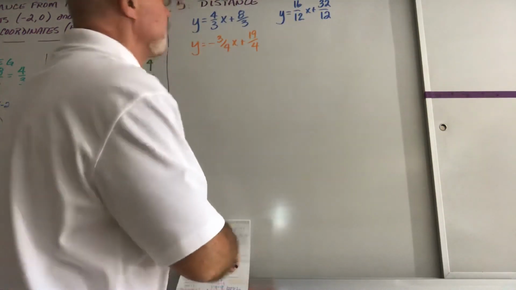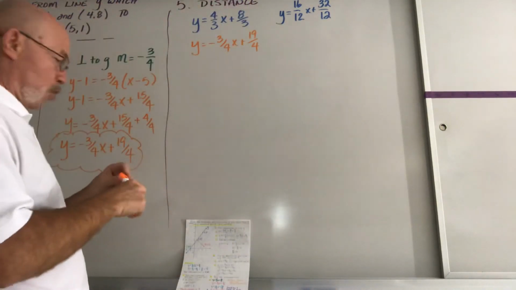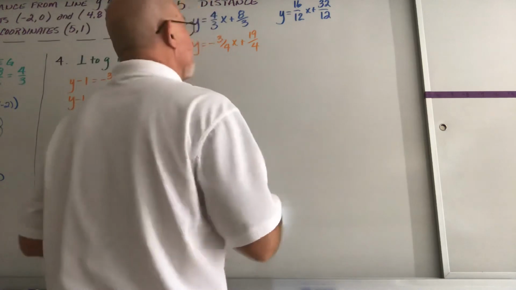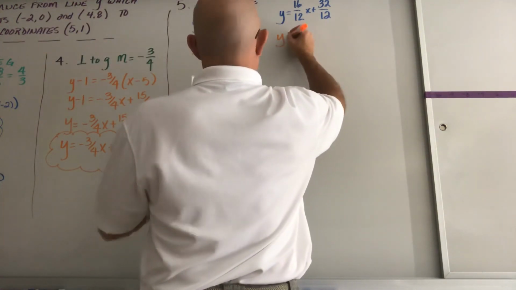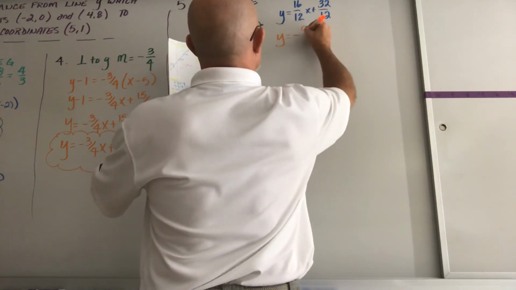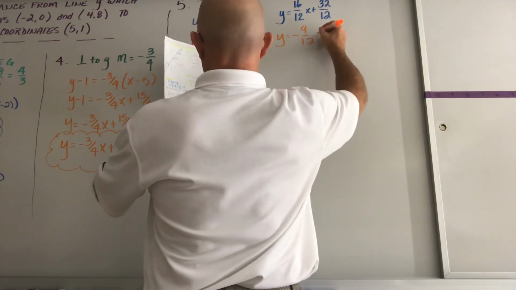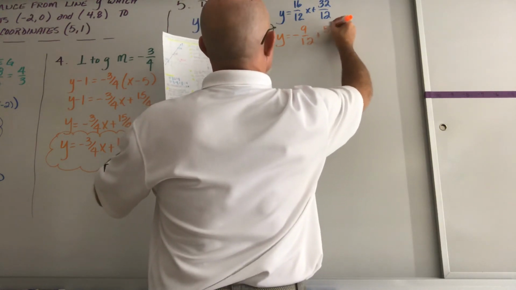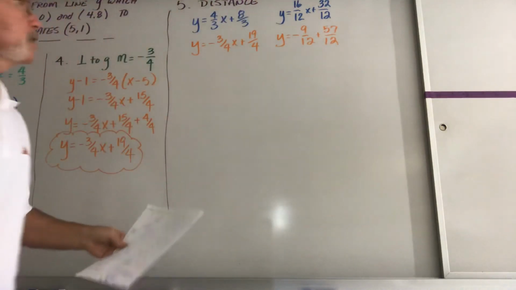Okay, 16 twelfths and 32 twelfths. I did the same thing with the orange line.